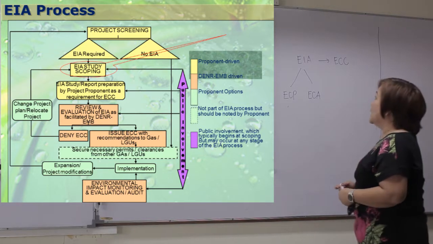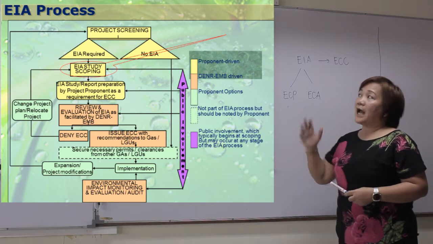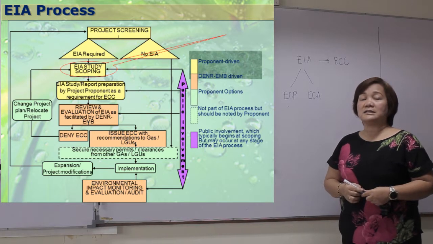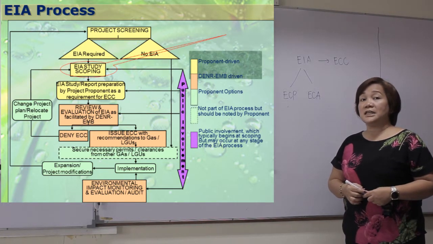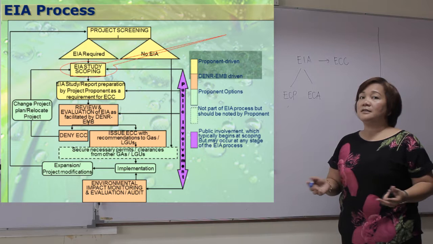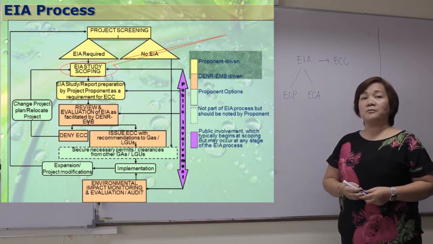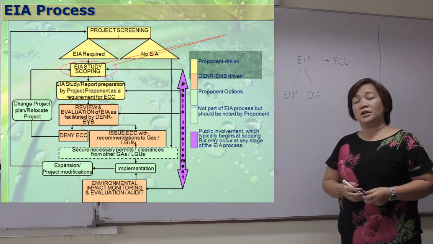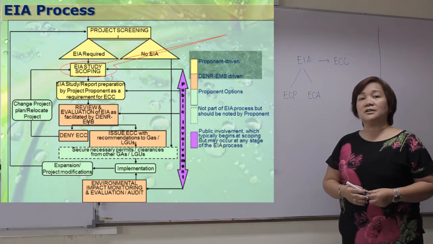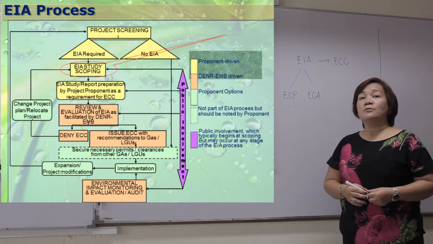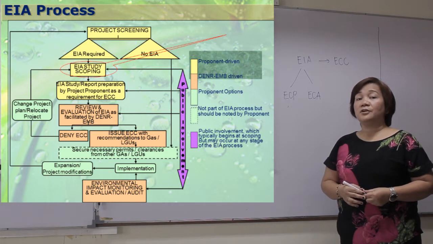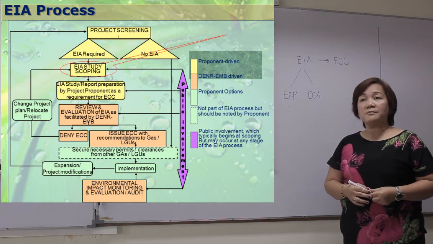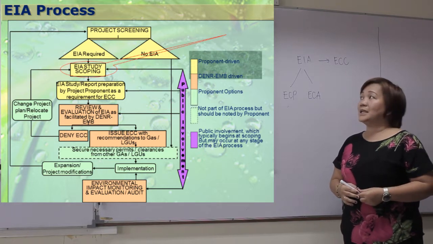Okay. Now, what if after screening you realize that the project doesn't need an EIA? Does it mean we're not going to mitigate any more project? Remember, we have learned in the previous lectures that all industrial processes would entail waste, and therefore these waste and air emissions have to be mitigated.